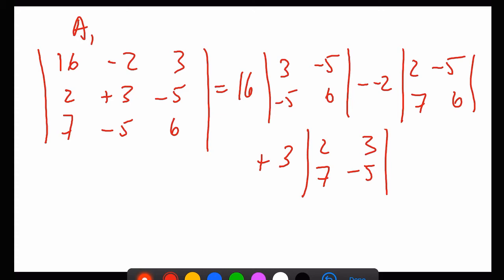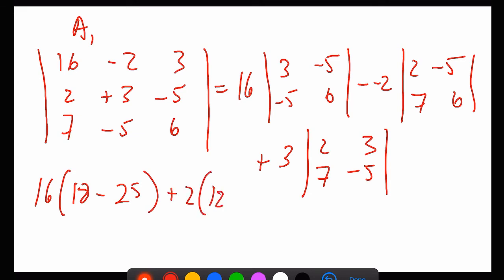Good? Are we good? Okay. So that's 16 times 18 minus 25, plus 2 times 12 minus a negative 35, plus 3 times minus 10 minus 21. Assuming I didn't screw this up, that's 16 times 7, right?